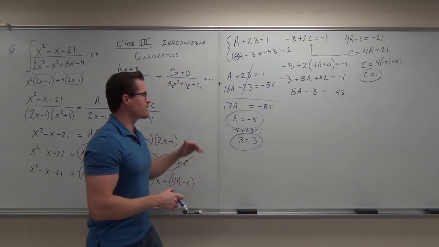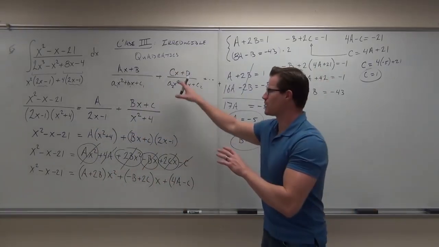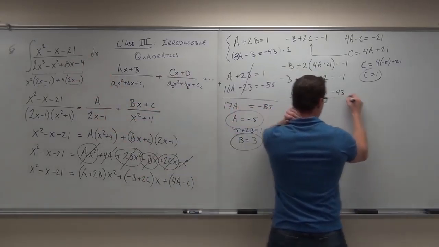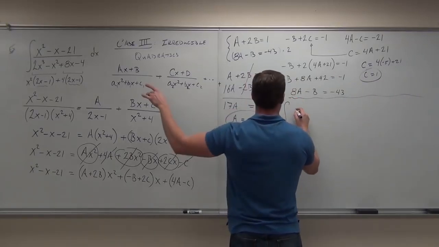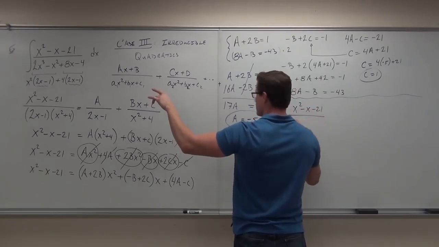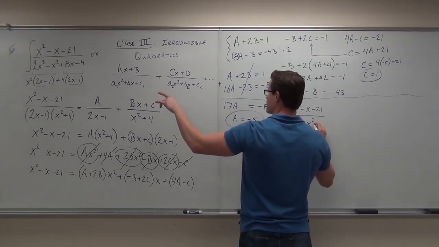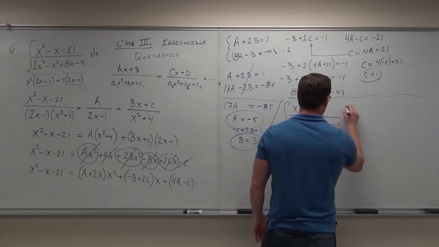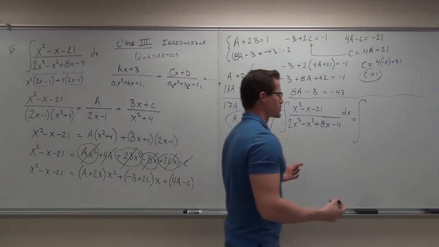Hey, now that we have our coefficients, can we rewrite our integral? I know we've done a lot of algebra, okay, but I'm going to come right back to here. So our integral x squared minus x minus 21 over 2x to the third minus x squared plus 8x minus 4, dear goodness me, equals an integral of 2 fractions now.